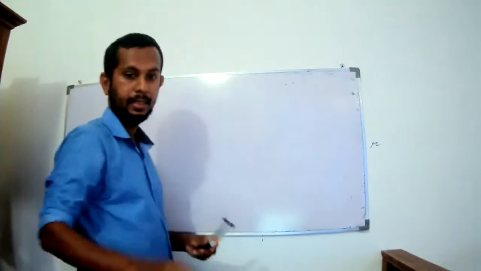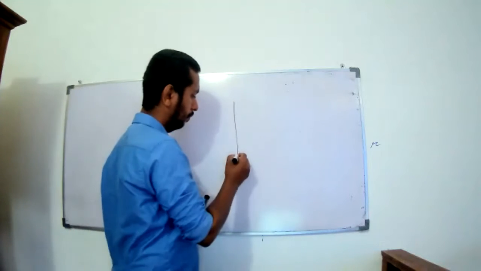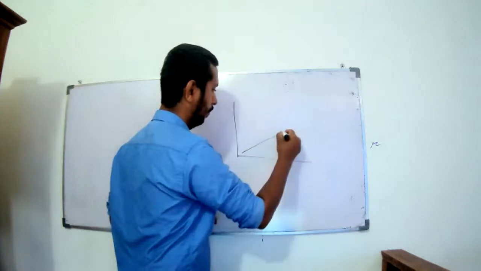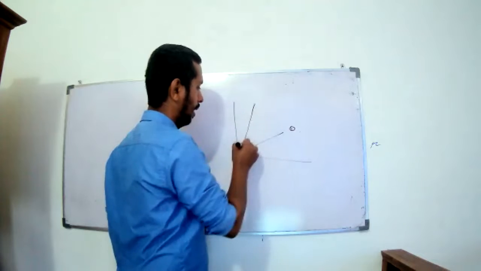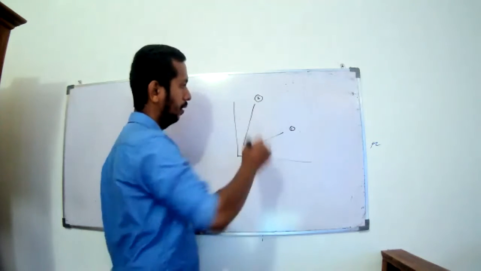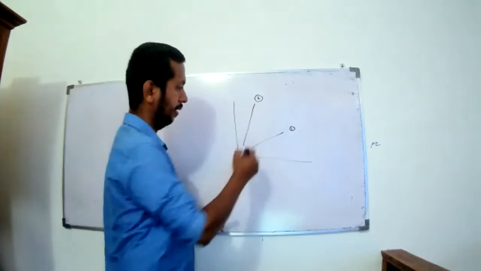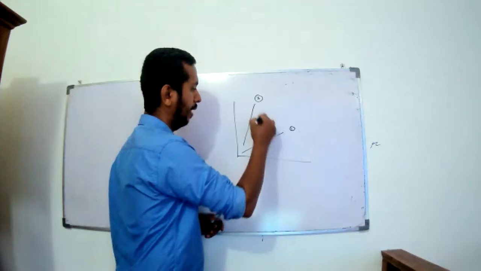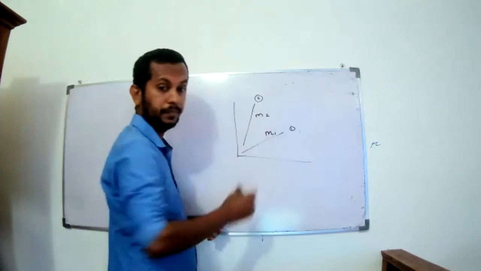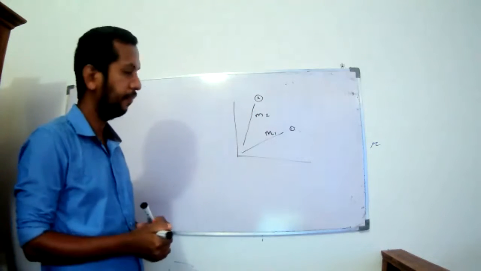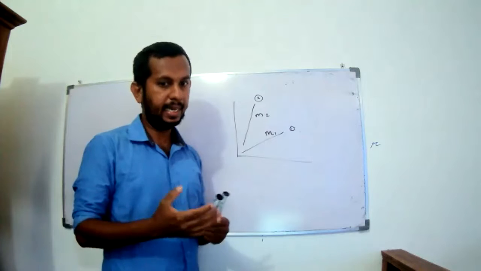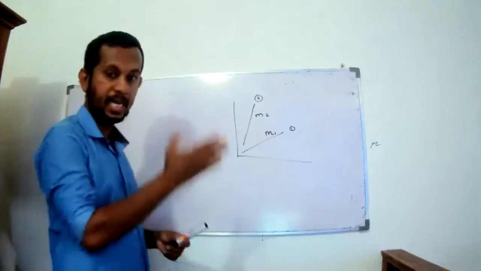And if I give two graphs, graph number 1 and graph number 2, and if I mention here the gradient is m1 and the gradient is m2, out of two graphs, which one has the higher gradient? High gradient means the higher slope.